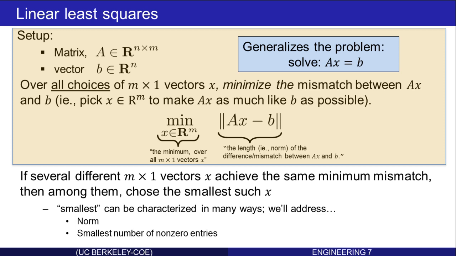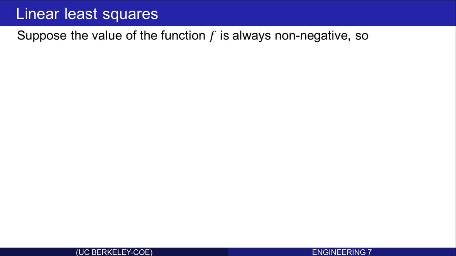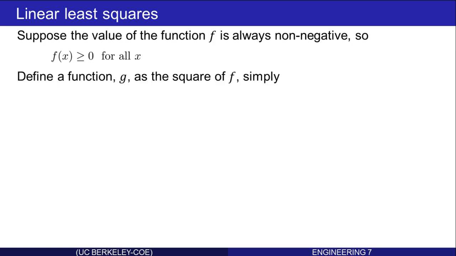Now let's look at this norm minimization a little bit further. Suppose that the value of a function f is always non-negative, so f is greater than or equal to 0 for all values of x. Let's define a function g as the square of f. Simply, g of x is f of x squared, or f of x times f of x.